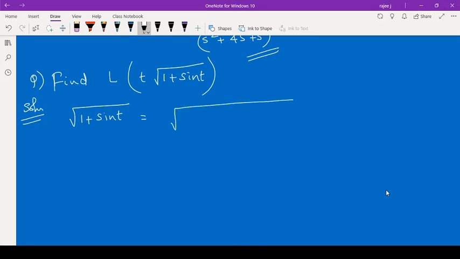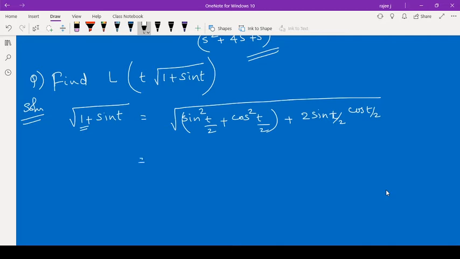What we do here is the 1 will be replaced by sine square t by 2 plus cos square t by 2, because sine square theta plus cos square theta equals 1. And sine t we will write as 2 sine t by 2 cos t by 2, because we need to remove the square root from here. Sine 2 theta is 2 sine theta cos theta. Using that formula we wrote sine t equal to 2 sine t by 2 cos t by 2.